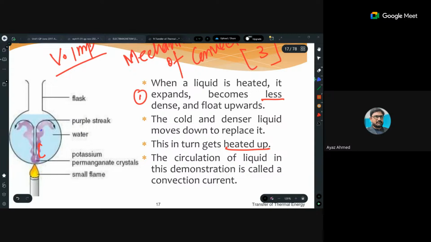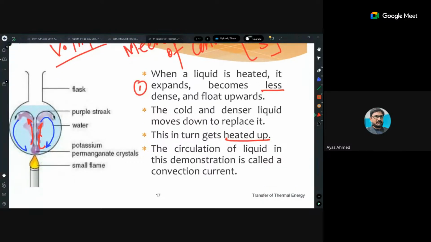So actually, this is the bulk movement. The blue ones are cold, and the red ones are hot. So in this way, the molecules move. Molecules have a bulk movement here. Some of them are moving upward, and some are moving downward.